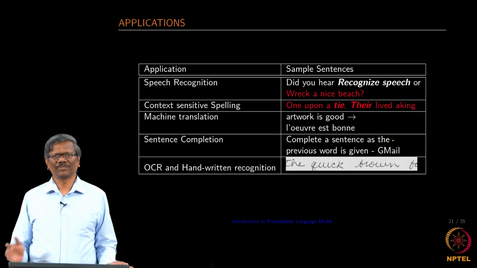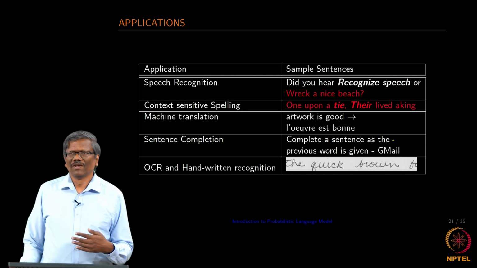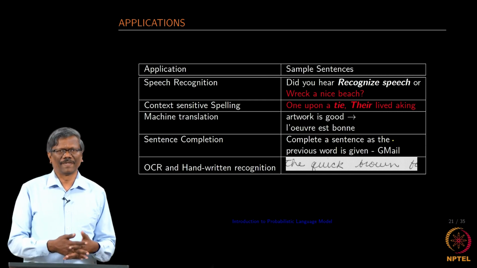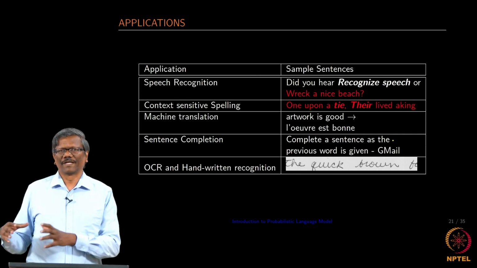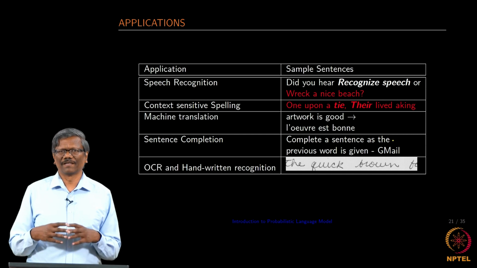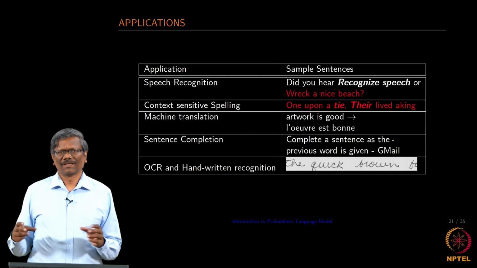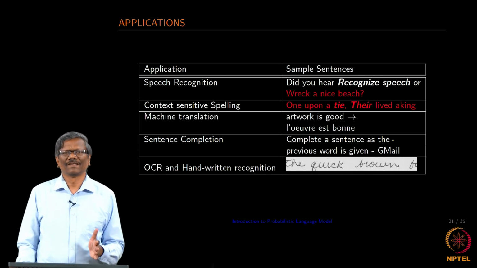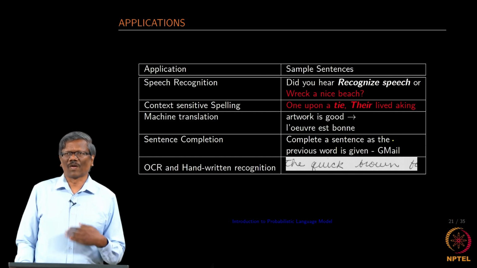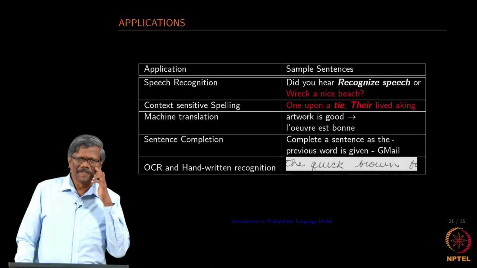Using the probability measure based on the corpus that we have used to train the NLP system, the machine would be able to identify that "wreck a nice beach" is not the right sentence, but "recognize speech" is the right sentence, because the probability of that sentence is a lot higher than the second one.